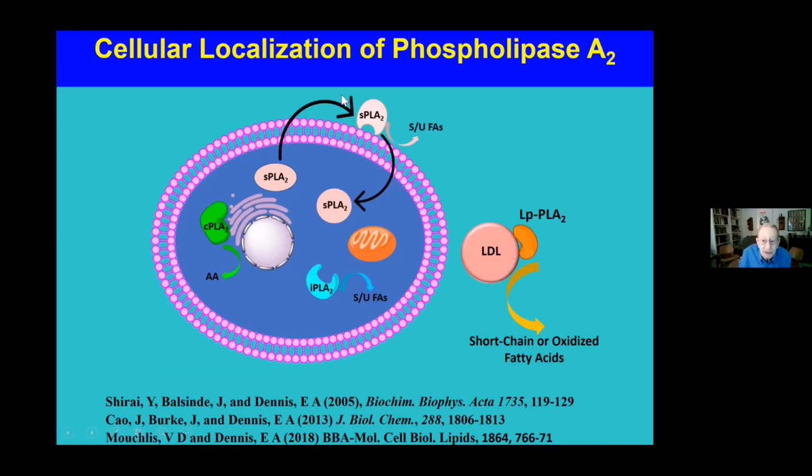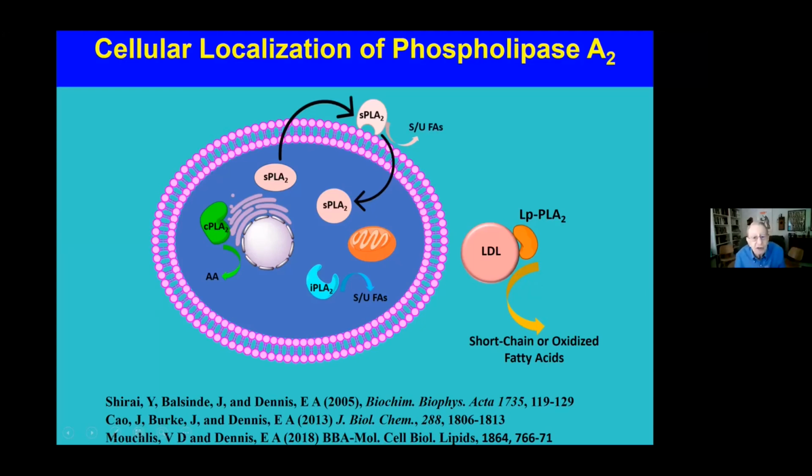Others, like sPLA2, are secreted and have a preference for saturated fatty acids. iPLA2 is cytosolic and prefers linoleic acid at the SN2 position, and lipoprotein-associated PLA2s, which are in our plasma and associated with lipoproteins like LDL, have a great specificity for short-chain or oxidized fatty acids on the 2 position.